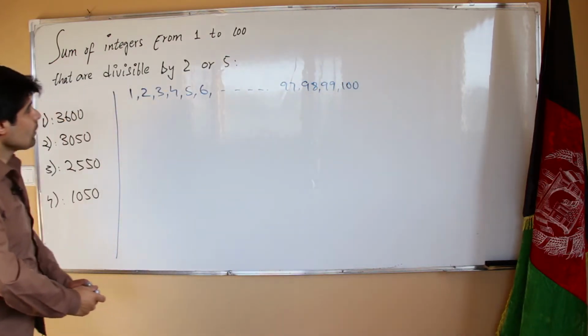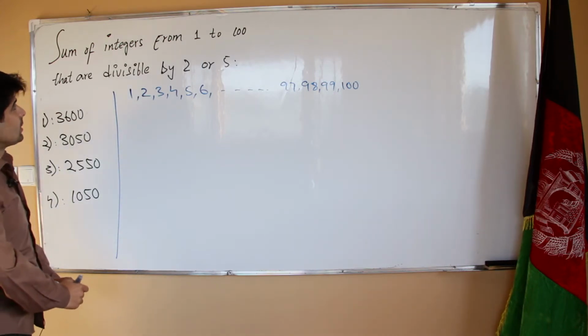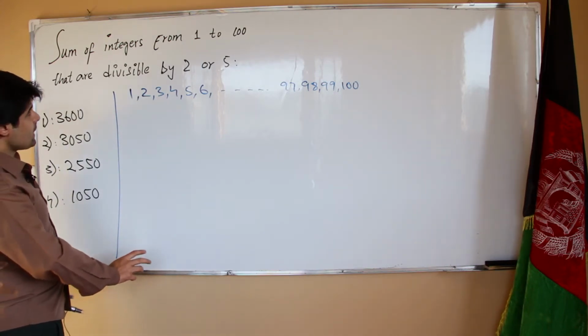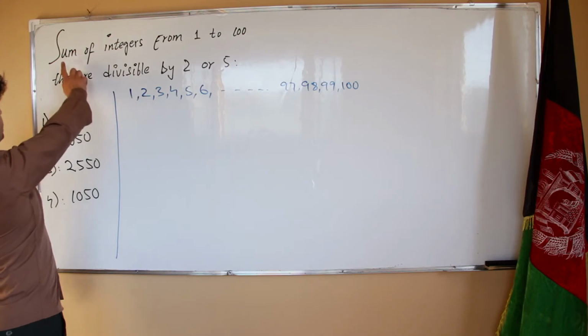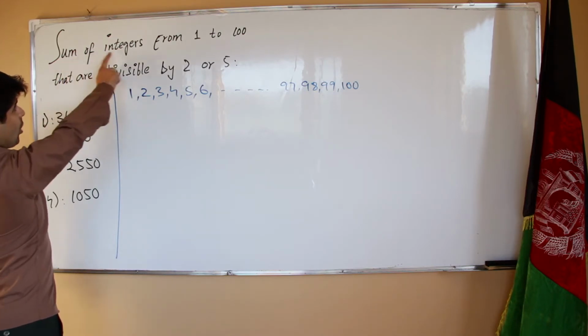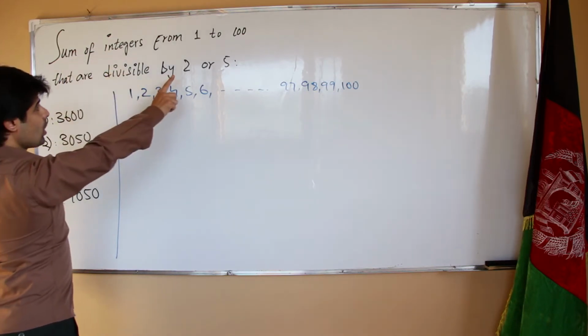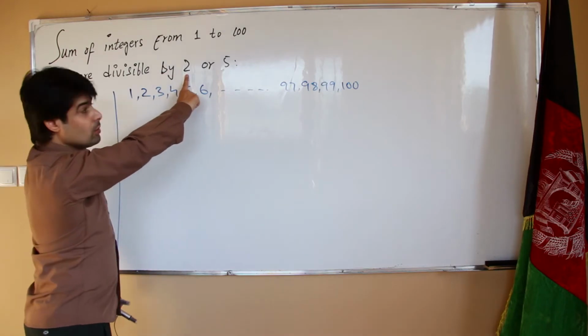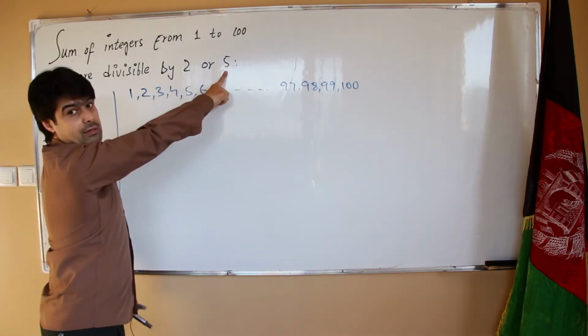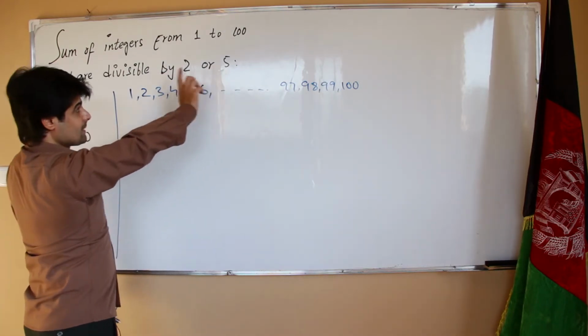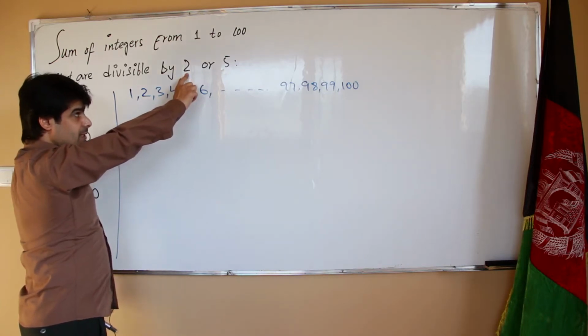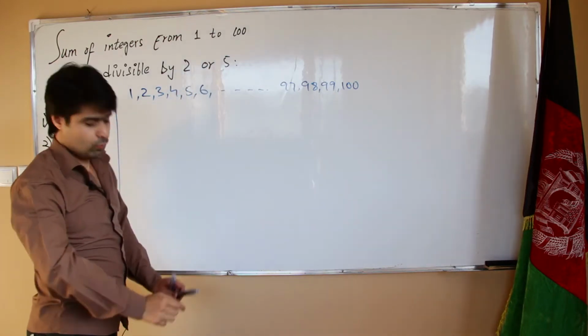Now, in here, what's asked? The question is, you have to find the summation of those integers which are divisible by 2, not simultaneously with 5. It's asked divisible by 2 or 5. What does it mean?